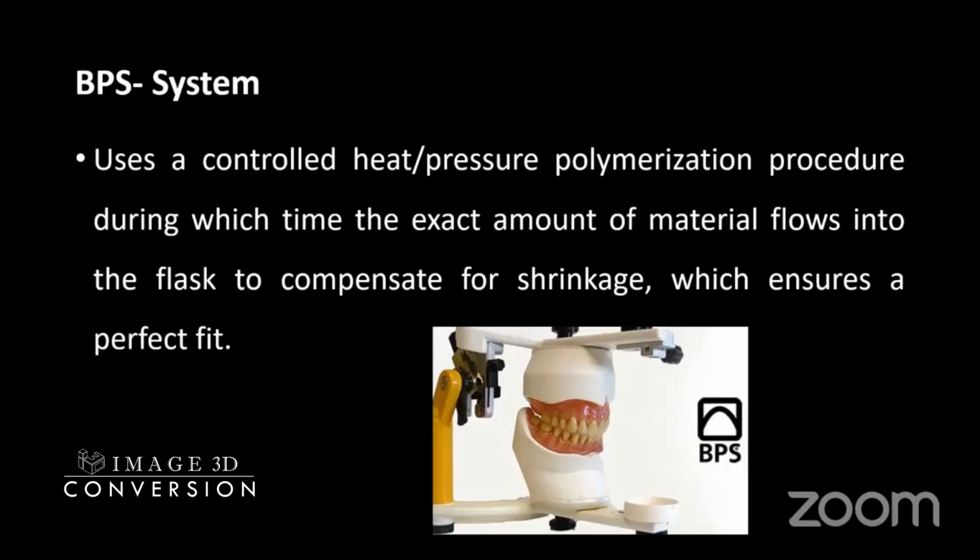This would ensure a perfect fit. And this itself had a different template altogether for the setup of the teeth arrangement. So this is how we have evolved from our basic denture fabrication, and then we got into the injection molding technique for some period of time.